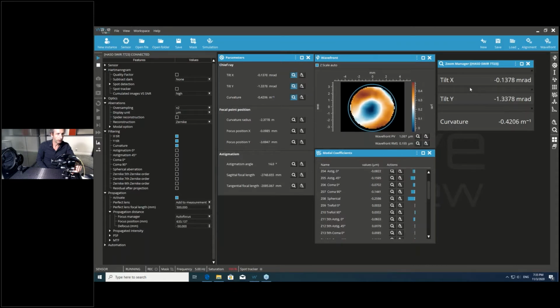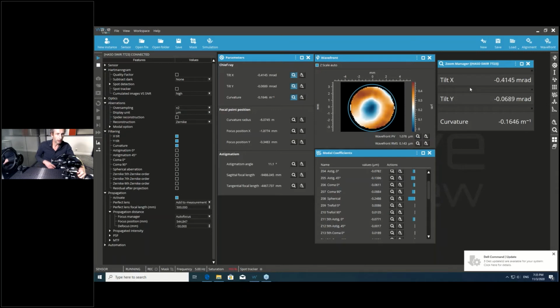Yes, now we are very close to 0. And as you can see, the curvature is not perfectly at infinity. So I will reduce the curvature to 0 in order to have a perfectly collimated beam on the wavefront sensor.